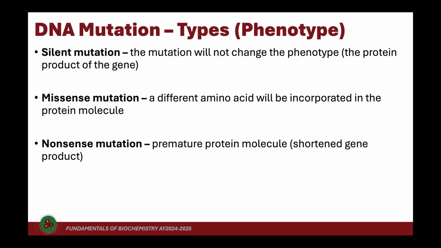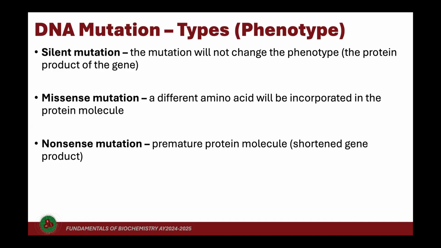Then we can also classify mutation depending on the phenotype. So the effect of the DNA mutation. You can have a silent mutation wherein it will not change the phenotype. It means you still get the same gene product. The amino acid sequence of the gene product is still the same. You can have a missense mutation wherein a different amino acid will be incorporated in the protein molecule.